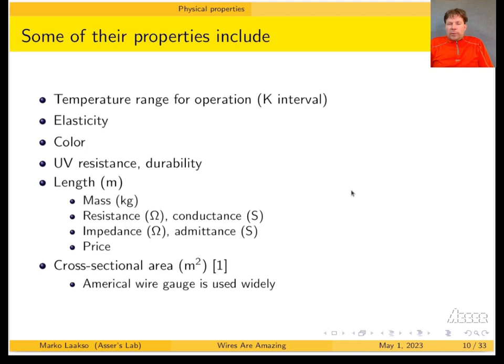Some of the properties of the wires include temperature range for operation. It's an interval for the lowest and the highest temperature. Of course, often we use Celsius or Fahrenheit units, although the Kelvin is the SI unit.